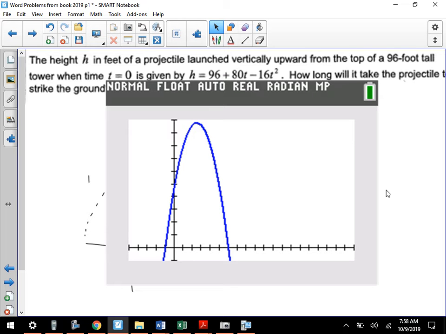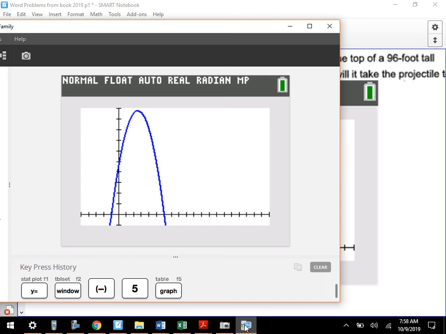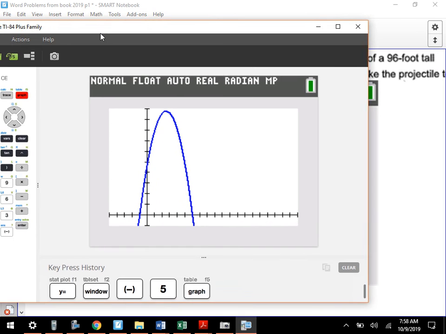Now, there's an option on the graphing calculator to find a 0, because you're trying to figure out how long it took to hit the ground. Well, it hits the ground when your height is 0, so that means that's your x-intercept, because your height is your y value.